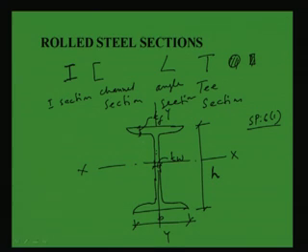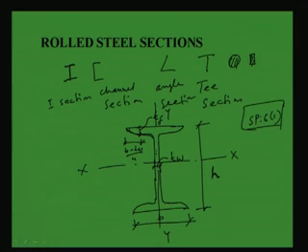And this TF, the thickness of flange, is varying from here to here. So, where will we measure it? It is measured at a distance of (b minus Tw) by 4. All these details you will get in SP 6-1.